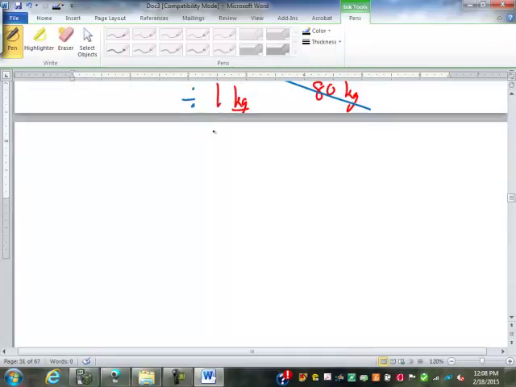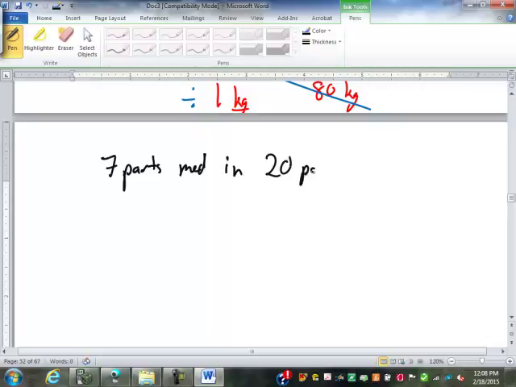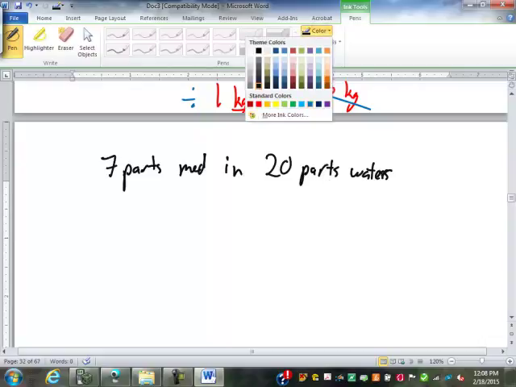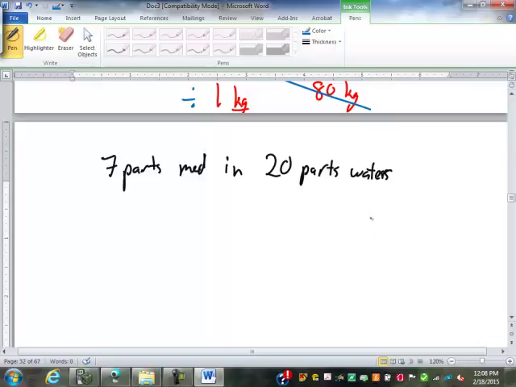We might have 7 parts medication and 20 parts water as a listed constitution of a medication. And let's say that we need a total of 800 milligrams of solution. In other words, 800 milligrams of water.